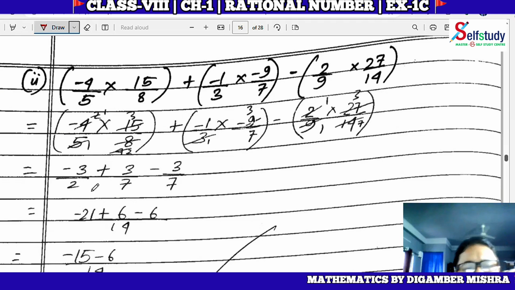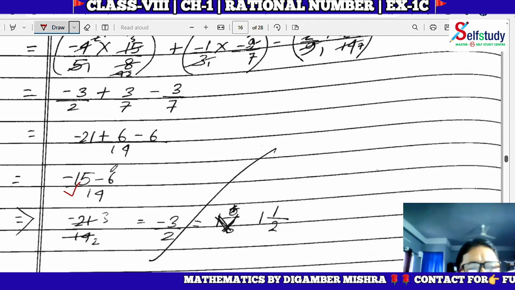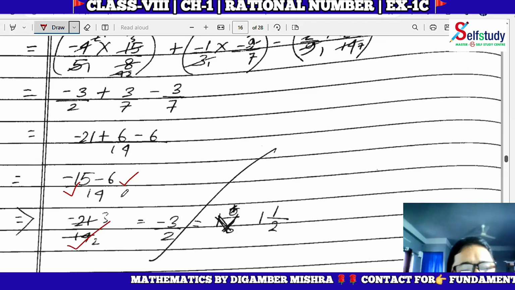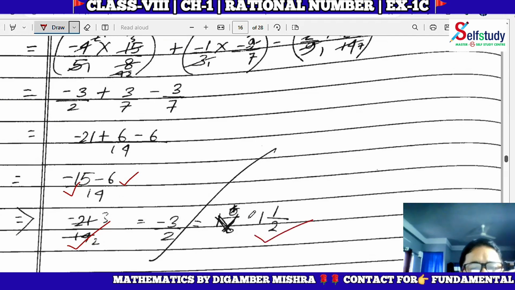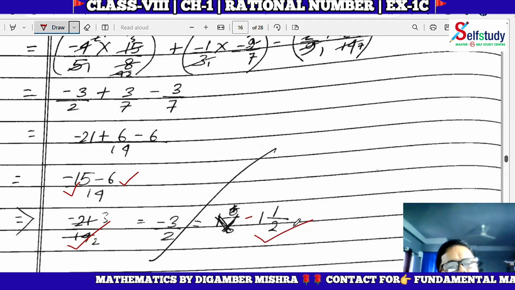The LCM is 14 and 2 7s are 14, 3 7s are 21, 7 2s are 14, so 3 2s are 6. So now -21 plus 6 is -15 here, and -15 over 14, and in this way the answer has come -1 whole 1/2 or -3/2.